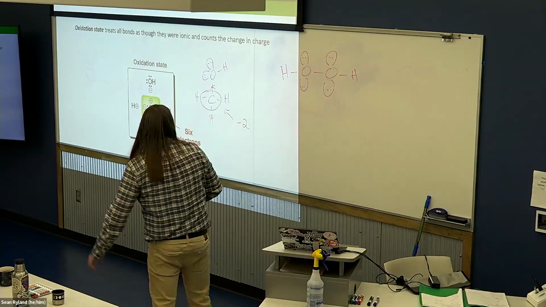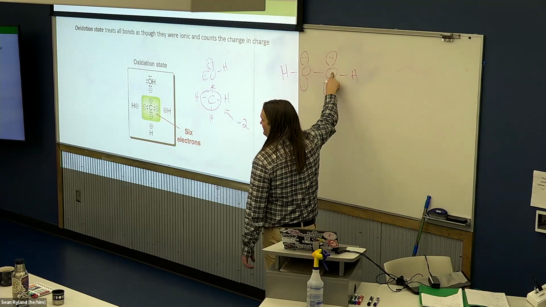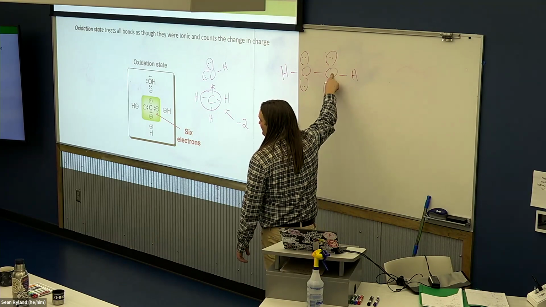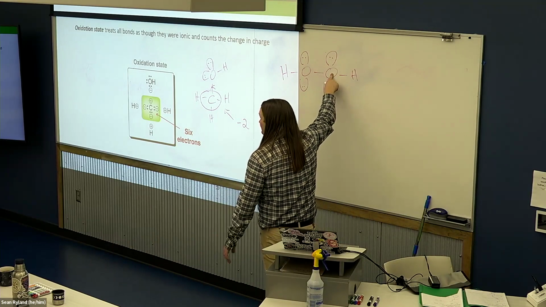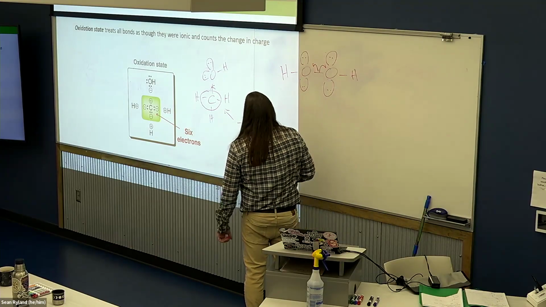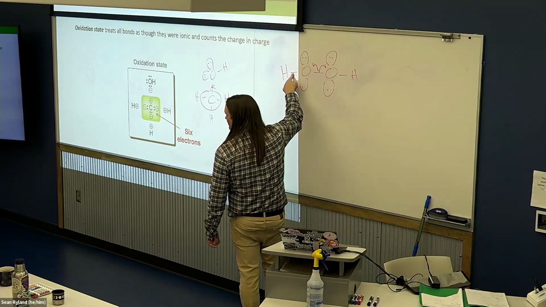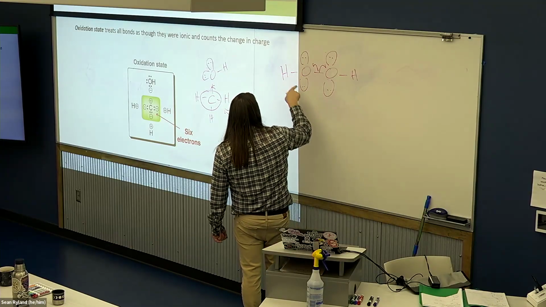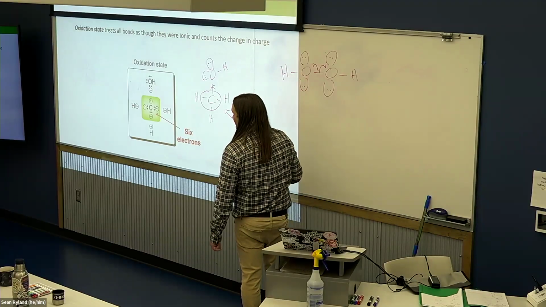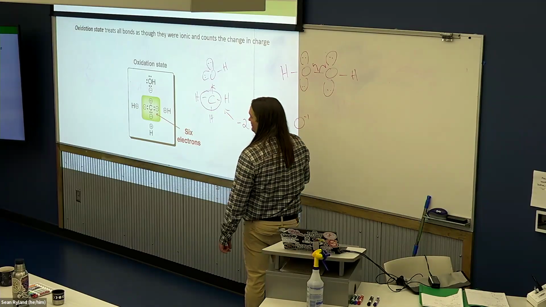Because what do we do when we have something that is between 2 of the same element? Should we split it? Yeah. So think about it that way. And now this oxygen gets to keep all of those. So 2, 4, 6, 7 electrons. +1, -1.